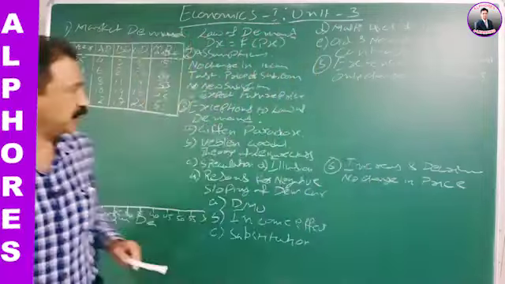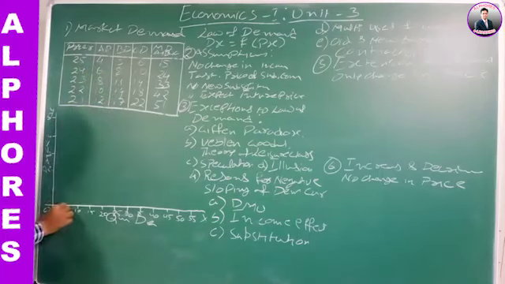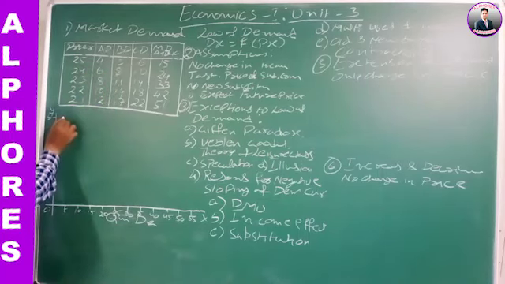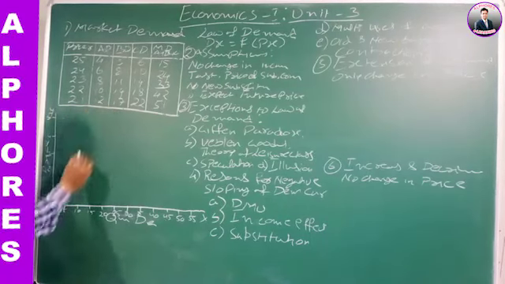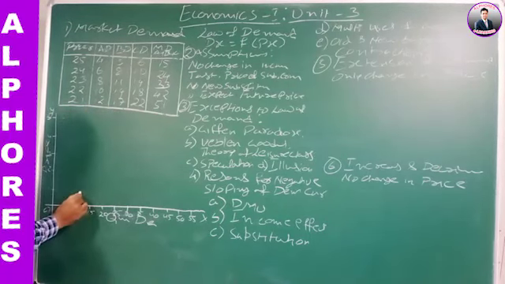First, A's demand. What was it at price 5? A's demand is 4, less than 5. So we will put a dot here, less than 5. And now what is the highest one? 12. That is above 10.